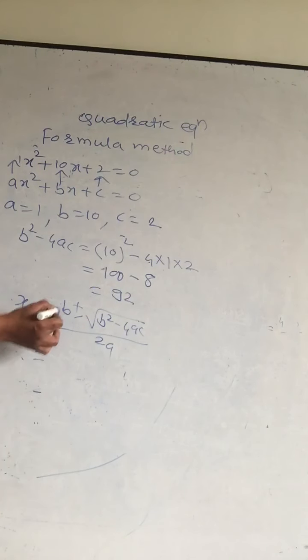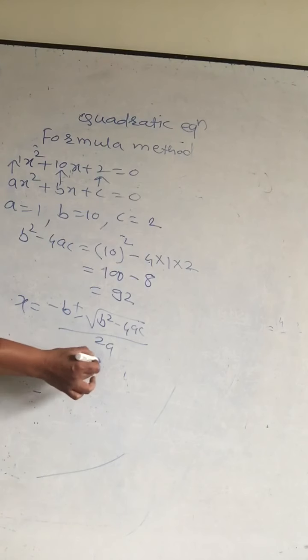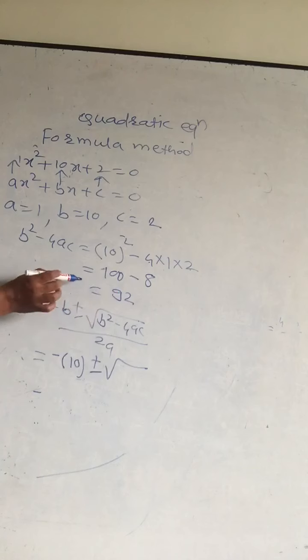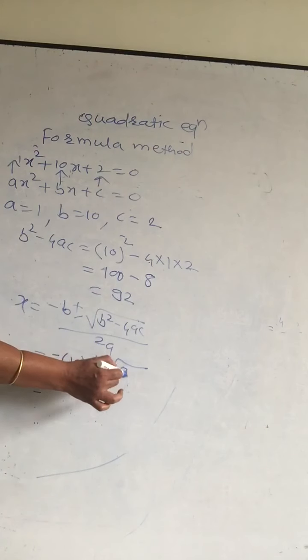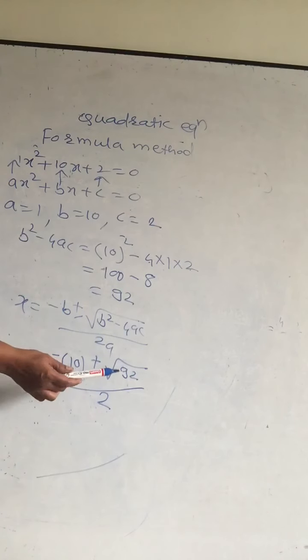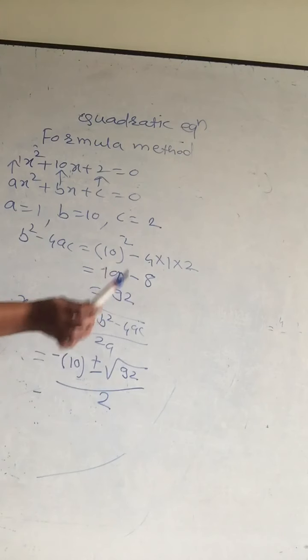Now substitute the values. Minus b's value is minus 10, plus or minus the square root of b square minus 4ac's value, which is 92, divided by 2.